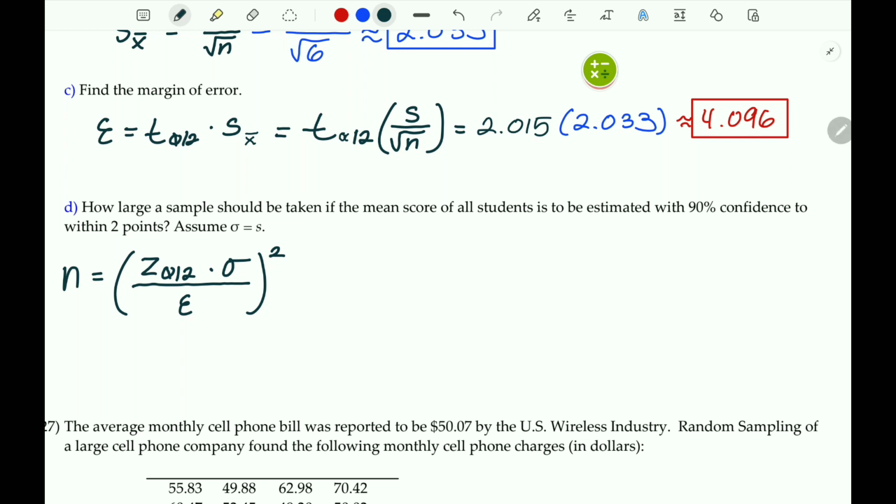And this is the formula that we will be using to compute the minimum sample size. For this case, we can rewrite this formula as the minimum sample size for 90% confidence equals the z critical value times the sample standard deviation in this case divided by the margin of error, and that entire quantity is being squared.